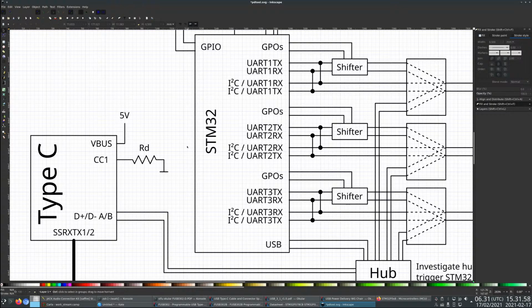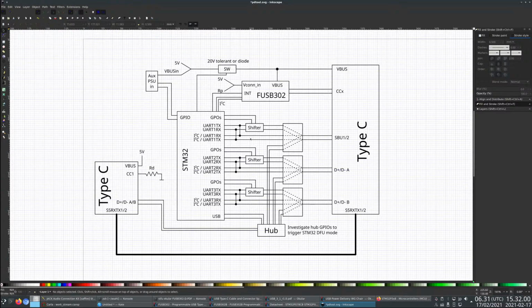I think that. Do you think that would be perhaps useful enough? If I just make it hand wireable into a pass-through mode for SBU1 and 2 and CC?